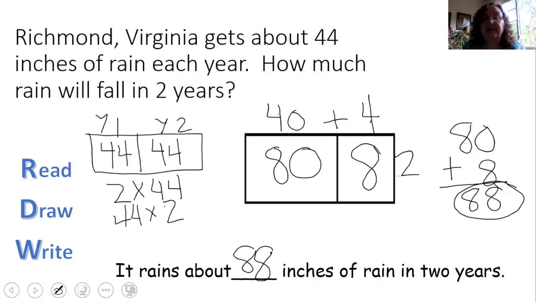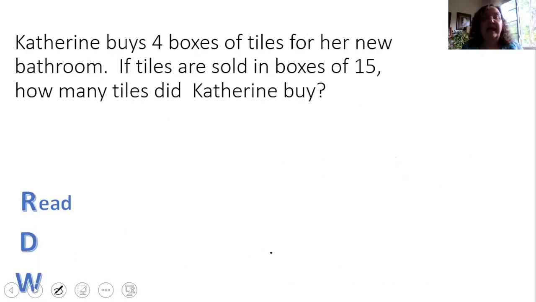Let's look at the second one. Catherine buys 4 boxes of tiles for her new bathroom. If tiles are sold in boxes of 15, how many tiles did Catherine buy? So I have to think about that for a minute. She has 4 boxes and each box has 15 in it. So let me think how I would draw my tape diagram for that.